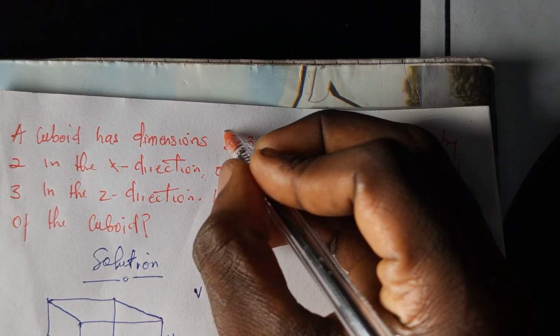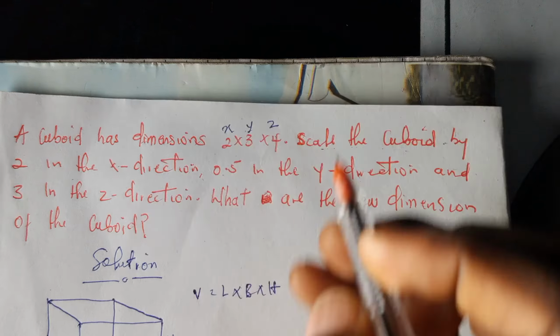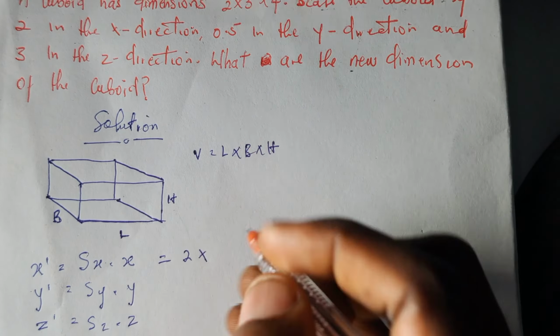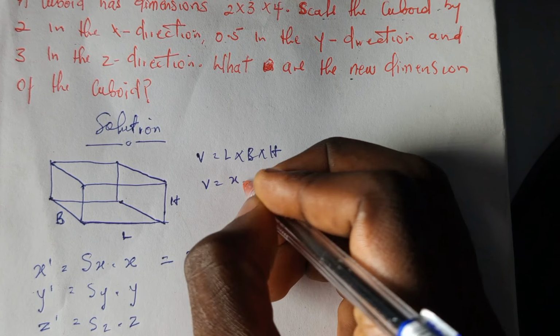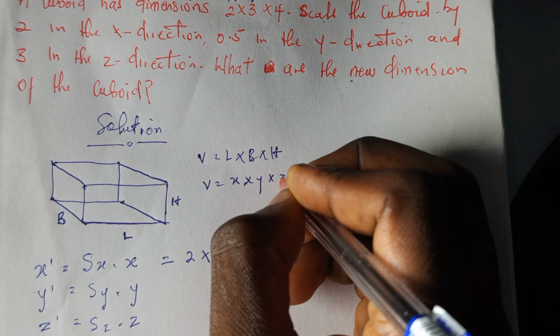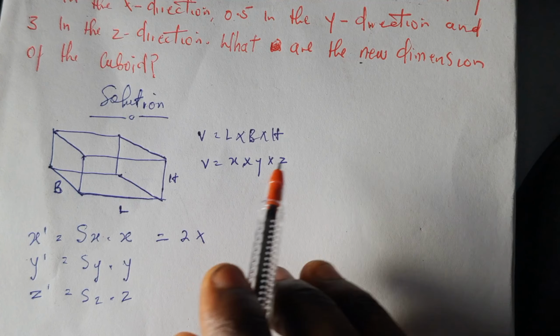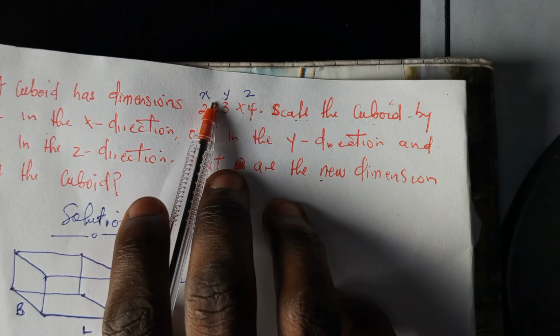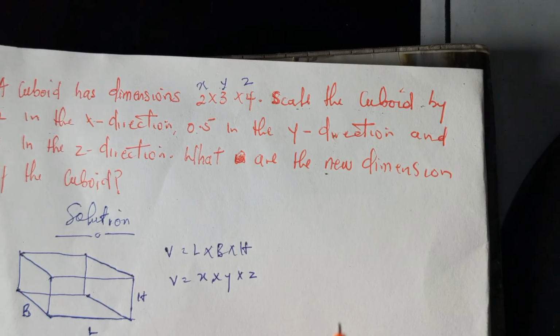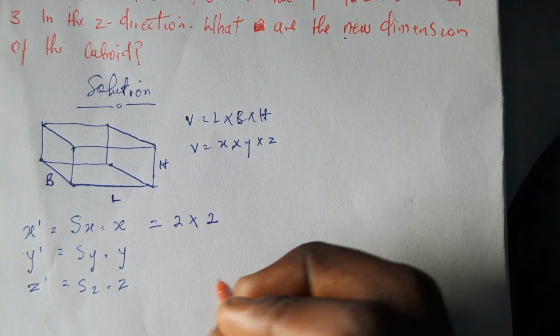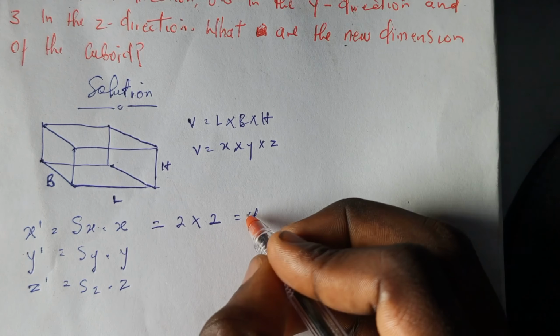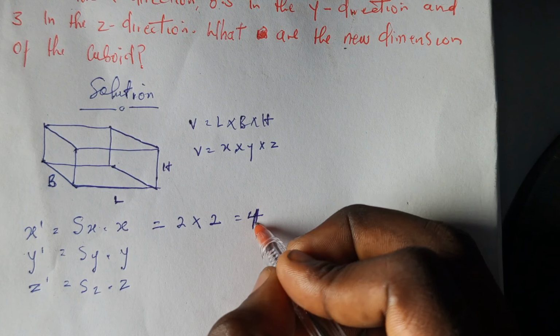We can say this is x, this is y, and this is z, so we can also write the volume of a cuboid as x times y times z. This is 2 times 2, which is my x here. Sorry, here 2 times 2 will give me 4.